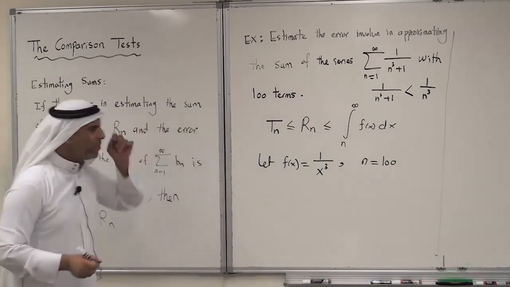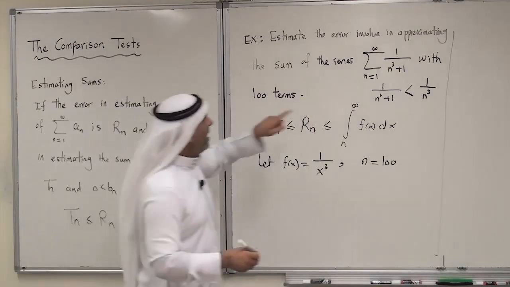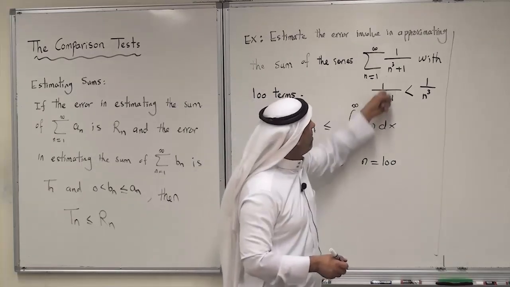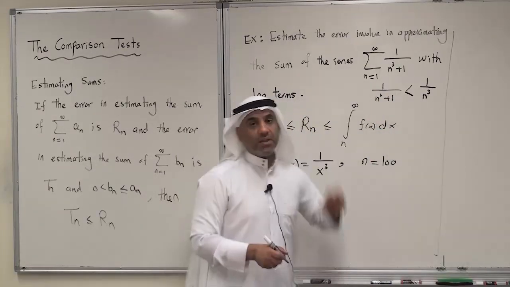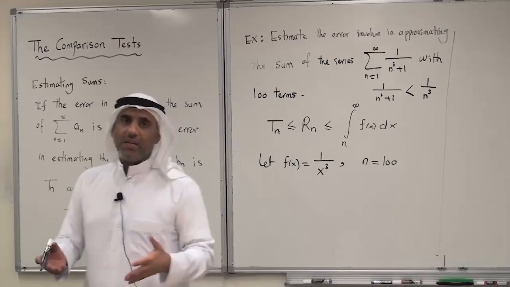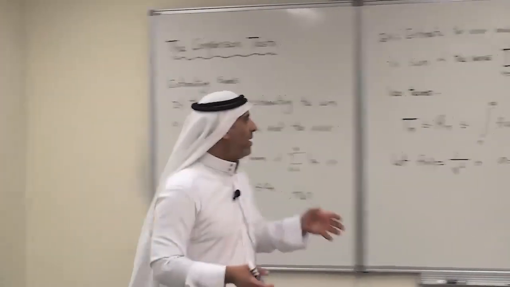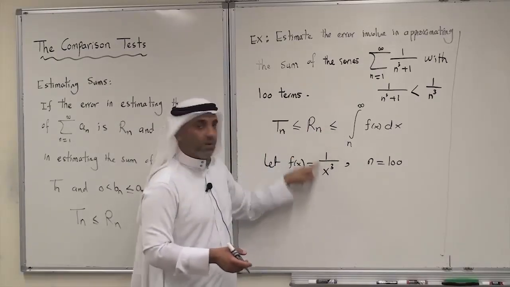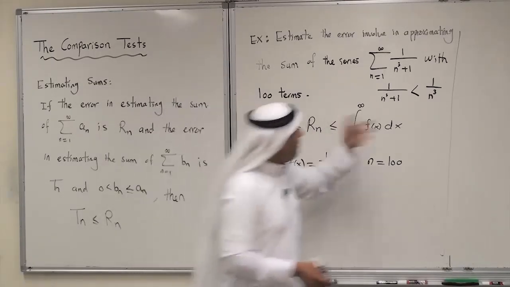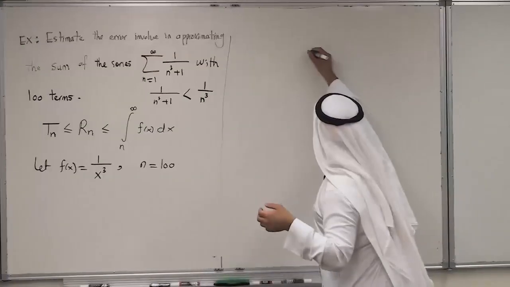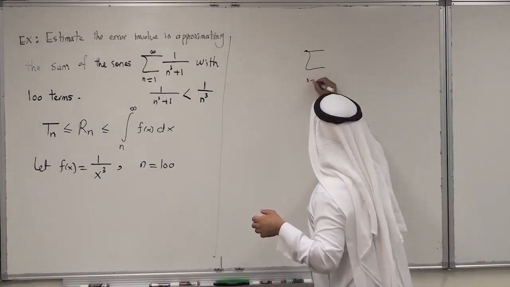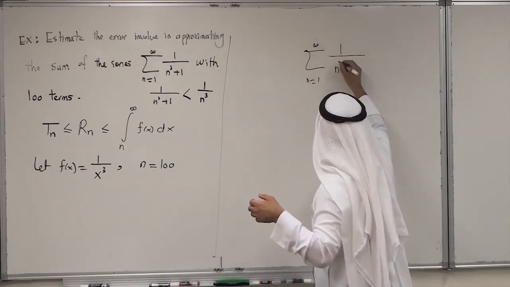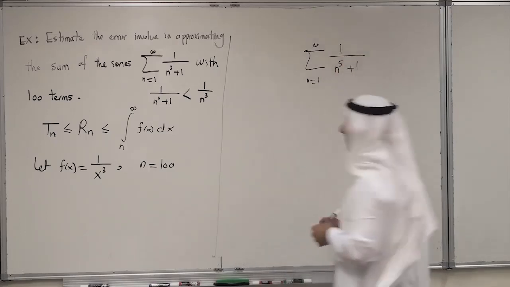Maybe someone will say, why don't we directly go and integrate this one from 100 to infinity, 1 over x cubed plus 1? Yeah, you can do that, but it is lengthy. You need to spend more time. It will be more difficult also if the question is like this, the sum from n equal to 1 up to infinity of 1 over n to the power 5 plus 1.